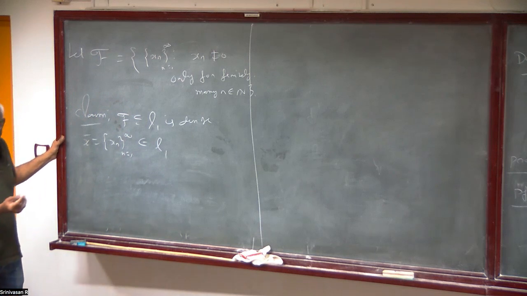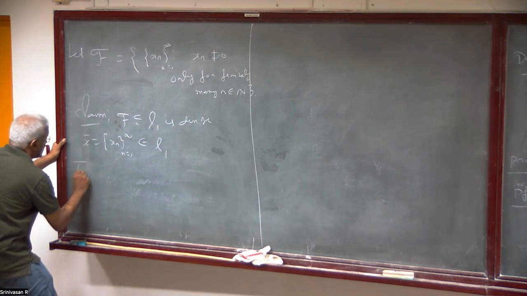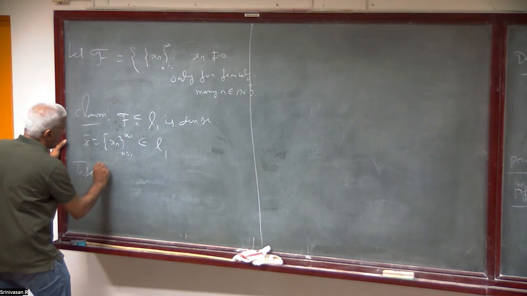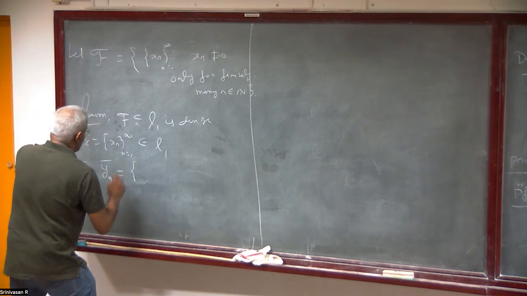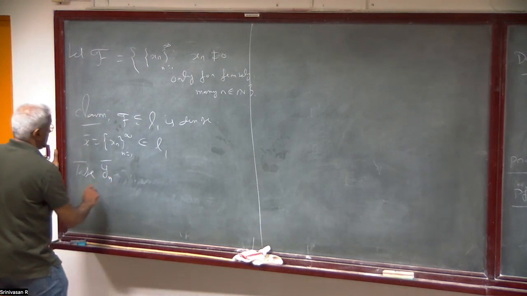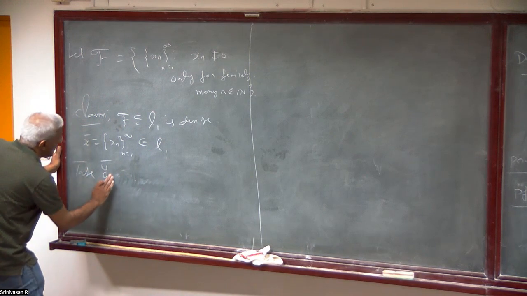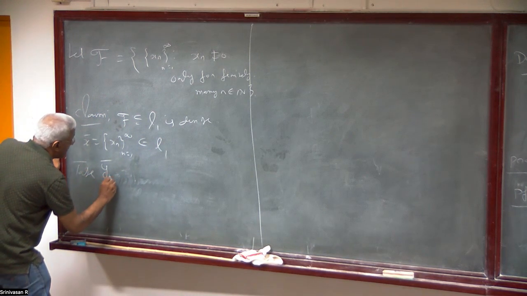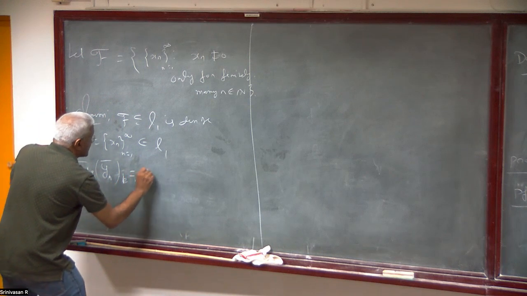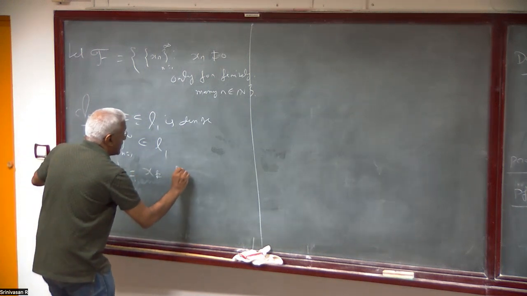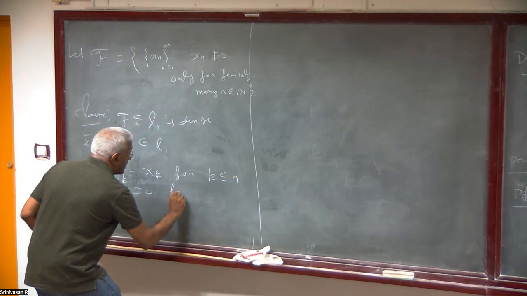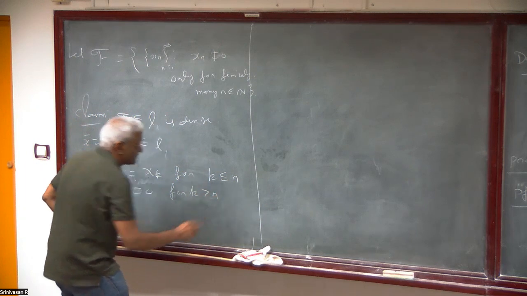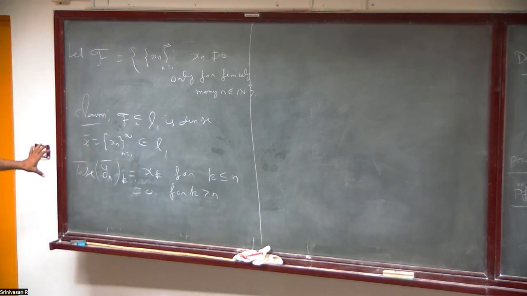Now take yn bar, a sequence of sequences, with yn bar at k equal to xk for k less than or equal to n, and equal to 0 for k greater than n. Does the definition make sense?